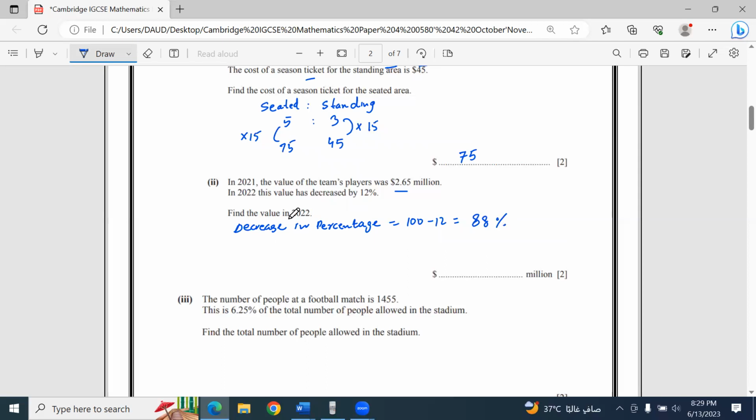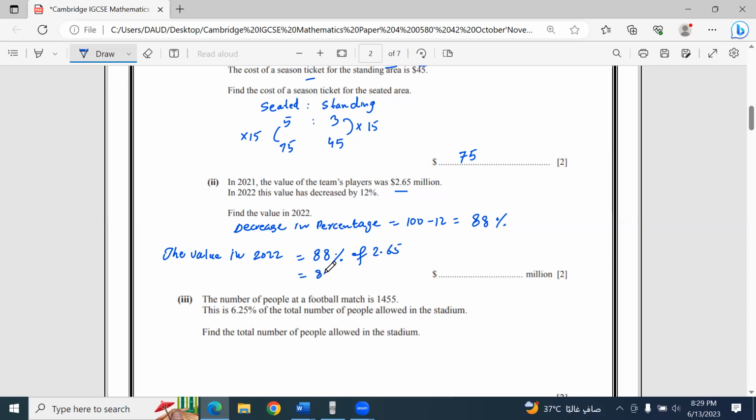Now in 2022 the value must be less, since it decreased by 12%. So we can say that the value in 2022 equals 88% of 2.65.